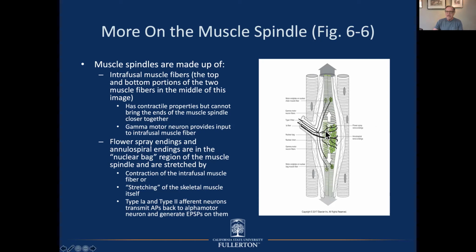And you start generating action potentials, which go back through those afferents. They have named them here, but we're not going to get into that level of detail. Type 1 afferent fiber and a type 1A afferent fiber. Let's just say afferent fibers from the nuclear bag region, and they go back in response to what? Stretching by tapping a hammer on this.